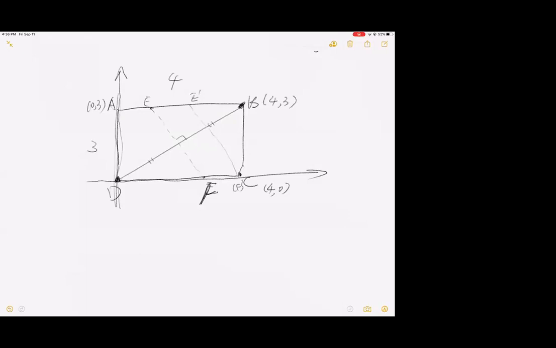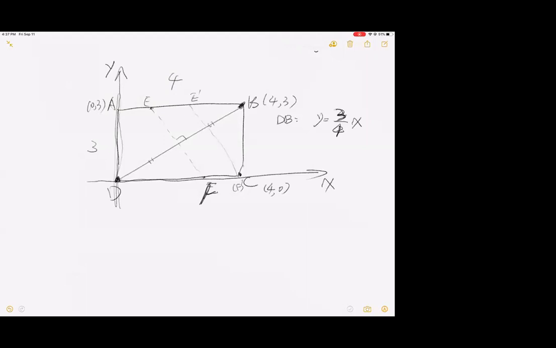First I found that the equation of line DB would be y equals 3/4 x. Make this x, this is y.